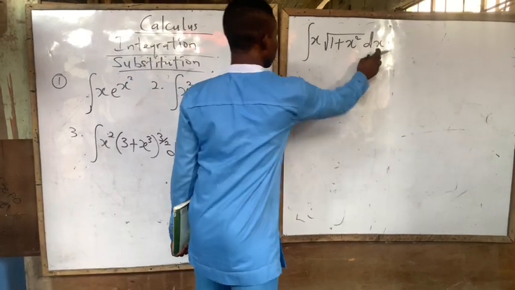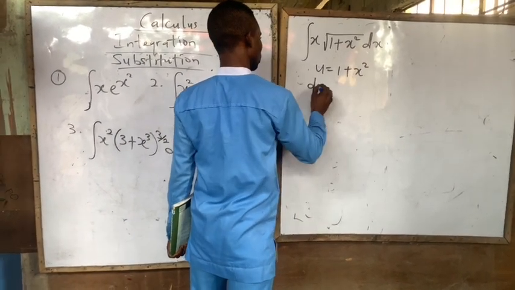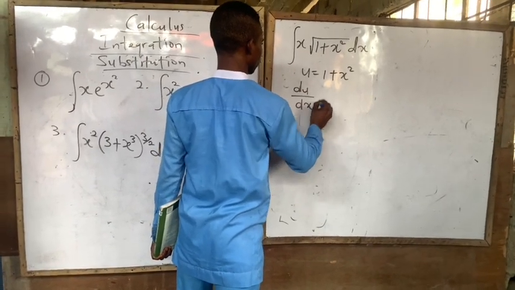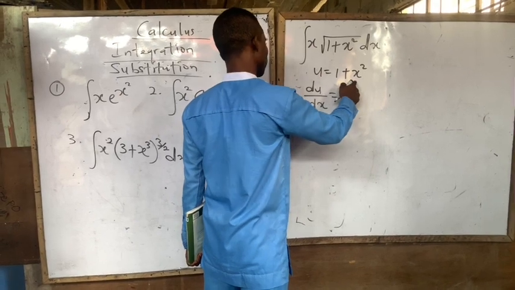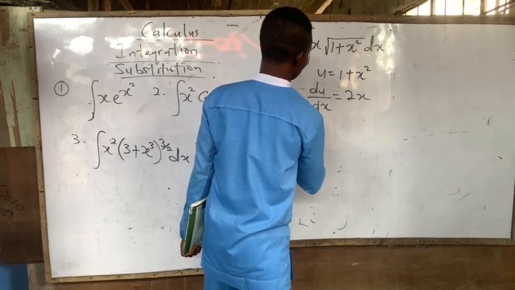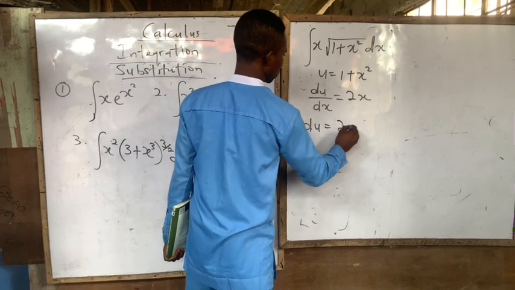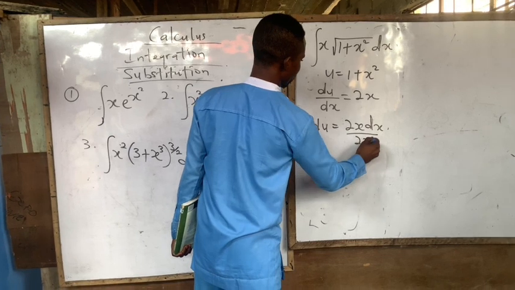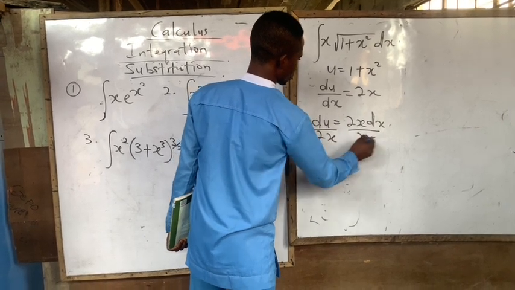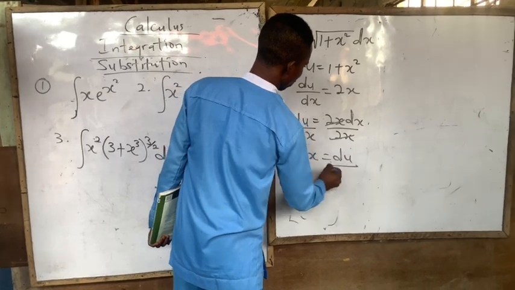In order to get our dx, u equals 1 plus x squared. We are looking for du over dx. The derivative of 1 is 0, and the derivative of x squared is 2x. So du equals, if I cross multiply, 2x dx. So dx equals du all over 2x.